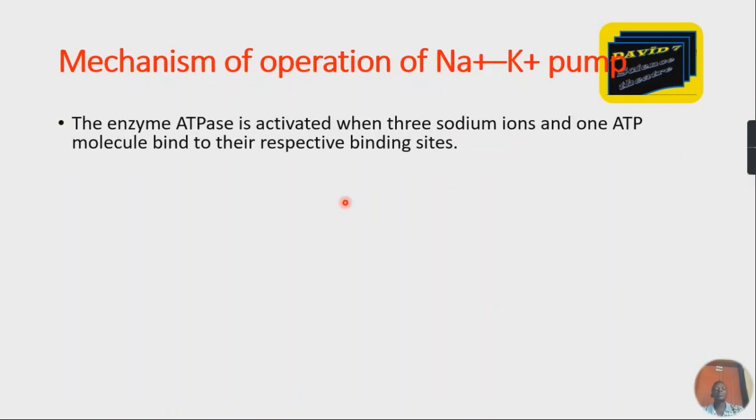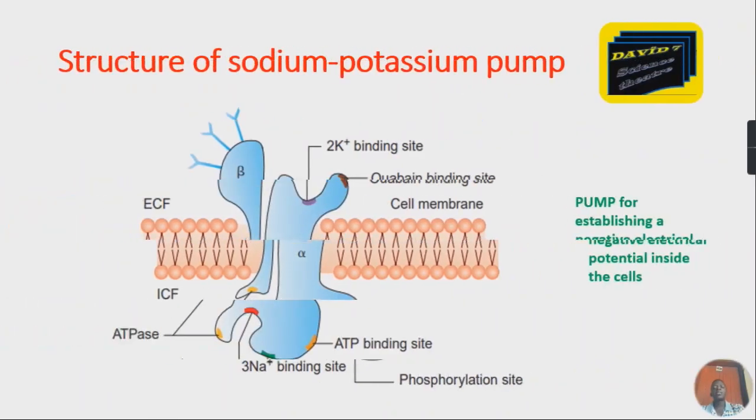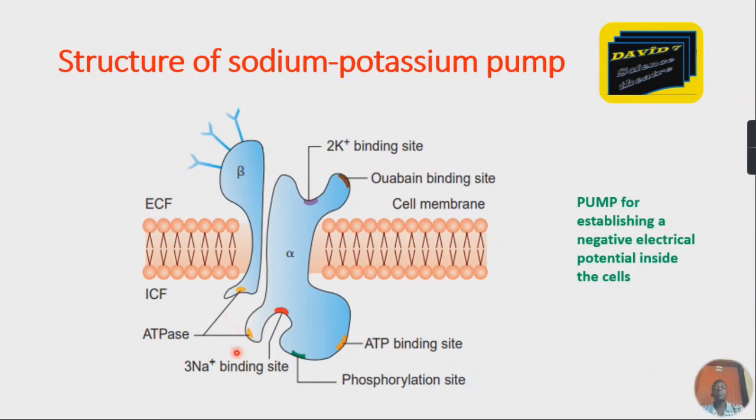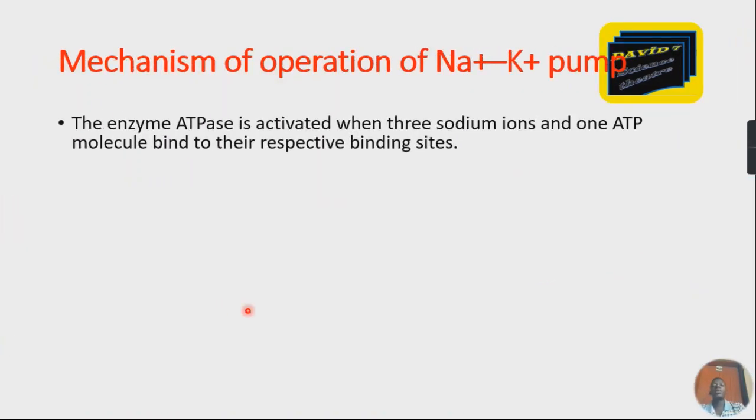How does it function? There is an enzyme ATPase, as you can see here. This enzyme ATPase will be activated when three sodium ions and one ATP molecule bind to their respective sites. So these sodium and ATP are binding in the interior part of the alpha unit of the sodium potassium pump.